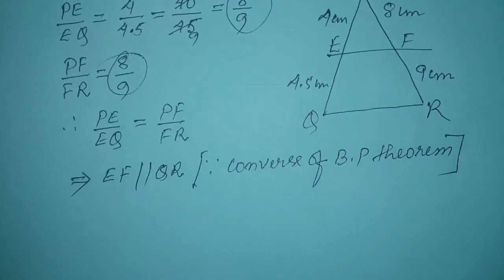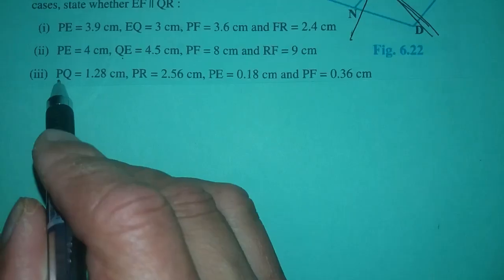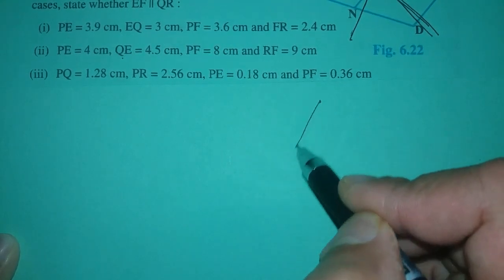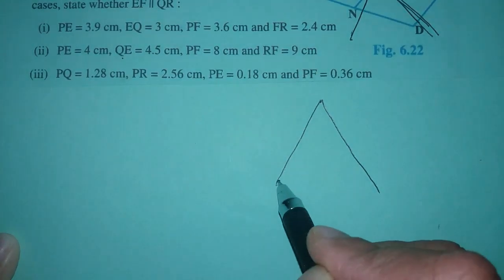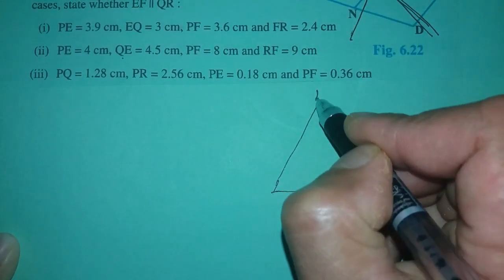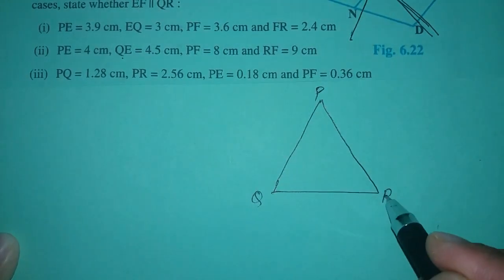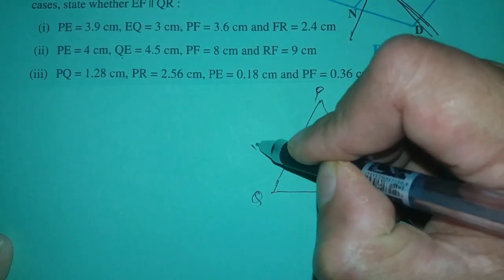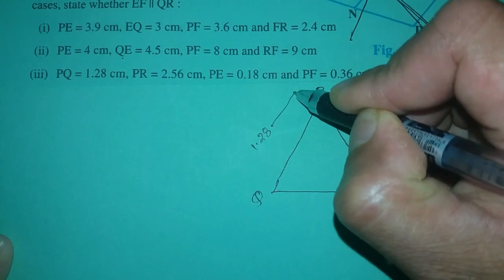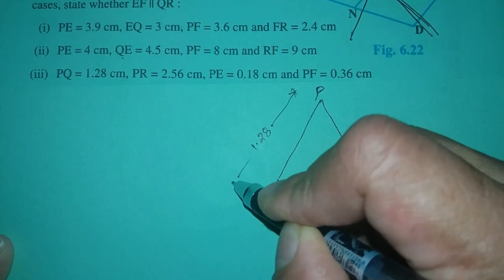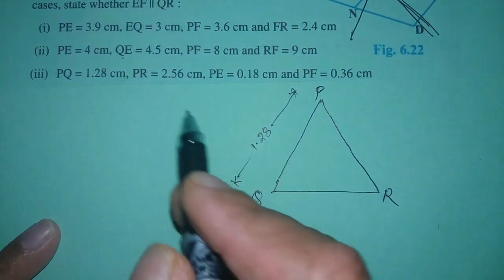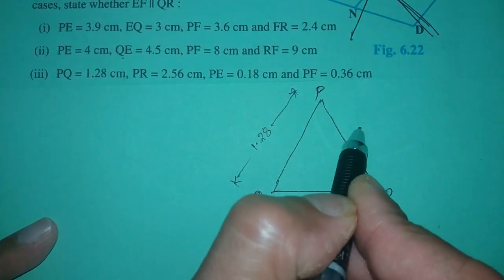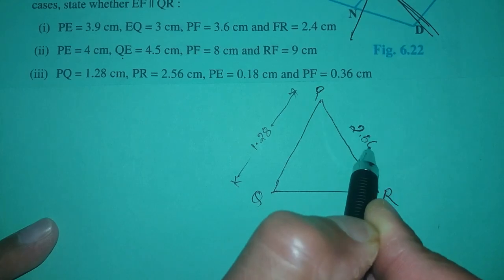Now we'll see the third one. We have PQ is equal to 1.28. This is PQ, and PR is 2.56.